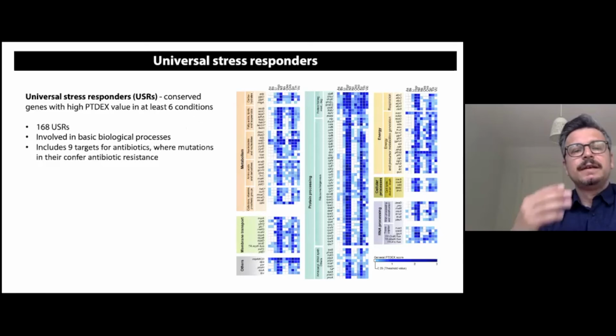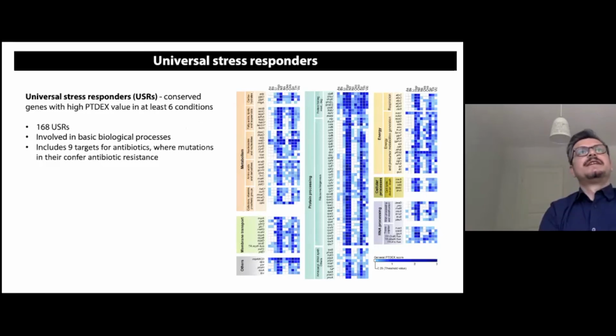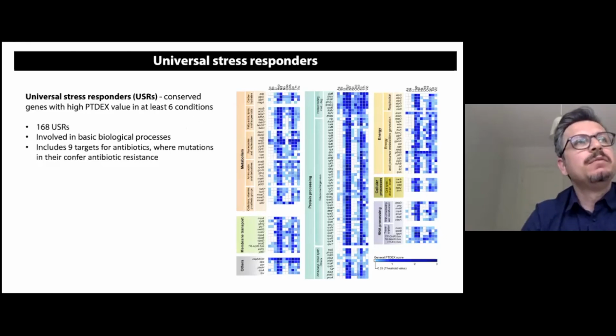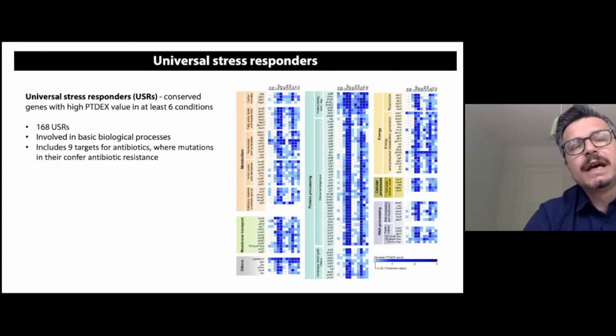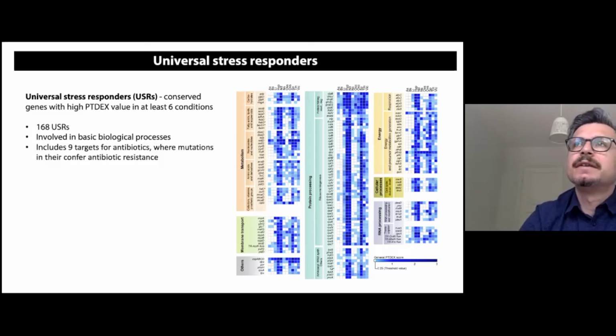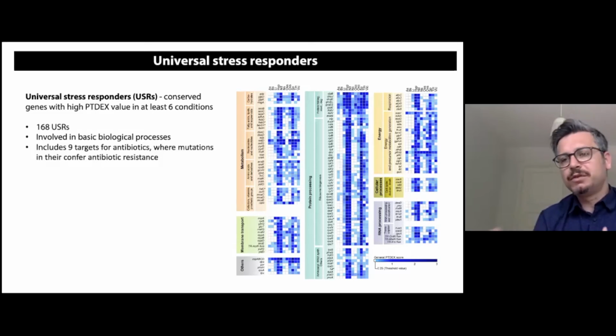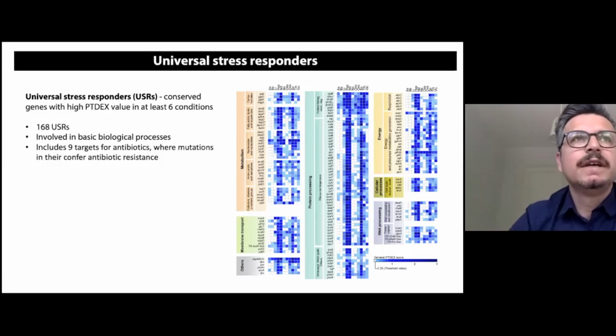And then the question is, what kind of genes would potentially be important for bacteria to maintain the infection in the tissue or the infection site? And then we thought, maybe the genes that are responding to many stress conditions could be important for the adaptation of bacteria at the infection site.